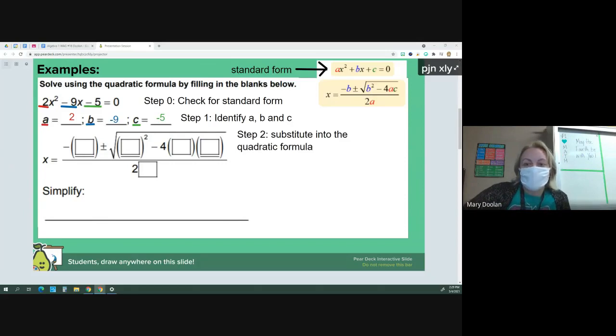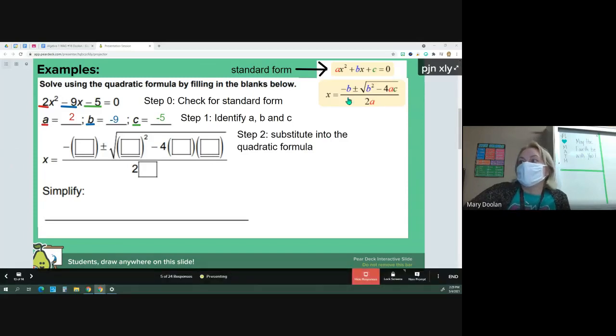Okay, and so you have the quadratic formula on the screen right now. It's also on your slide. So you can see the value of a is 2. So wherever a is, we have to replace a with 2. It's in 2 spots. It's right here in this box after the 4, and also in the denominator being multiplied with 2.